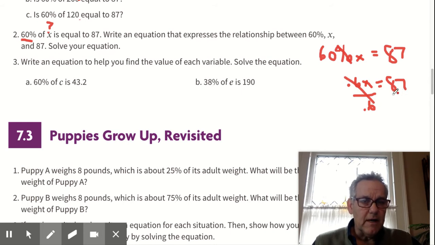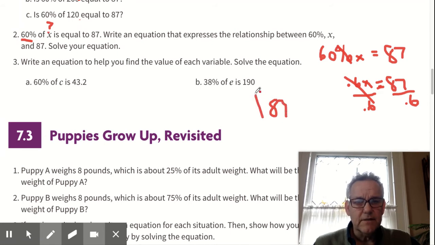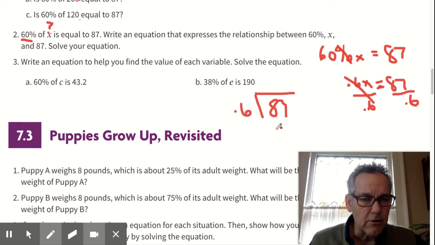And therefore, I have to do the same thing to the other side. I have to do exactly the same thing because of that equal symbol, right? So I have 87 divided by 0.6. We did this in our last unit.